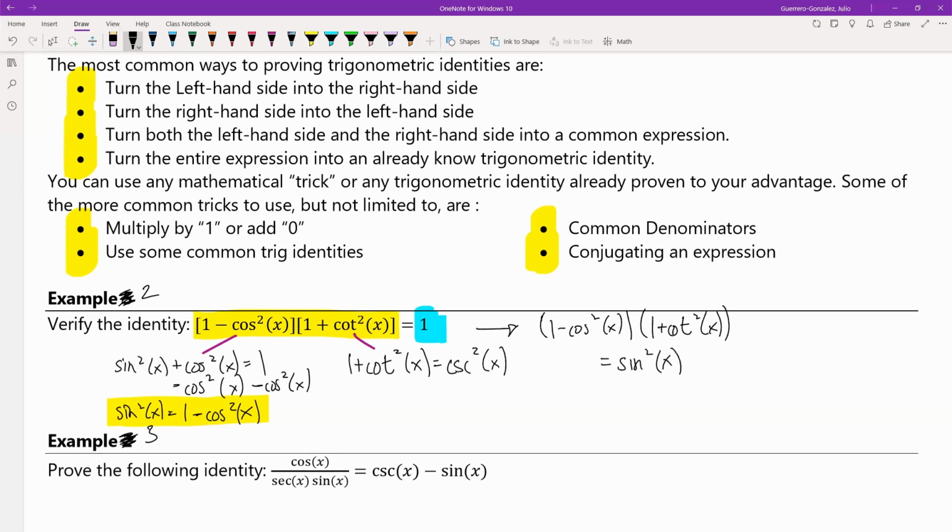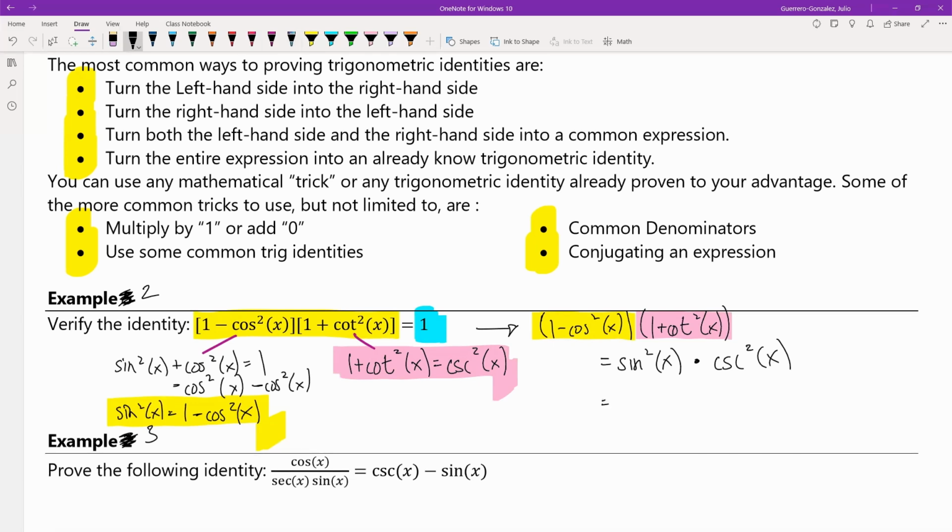And let me highlight this because this is the other important thing, and I'm going to highlight it in pink to differentiate it. That was from here, and this is from right here. So we have sine squared times cosecant squared of x.